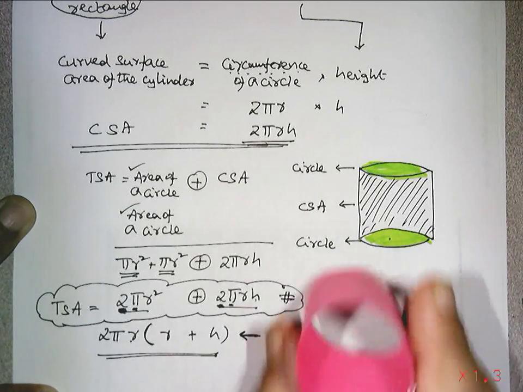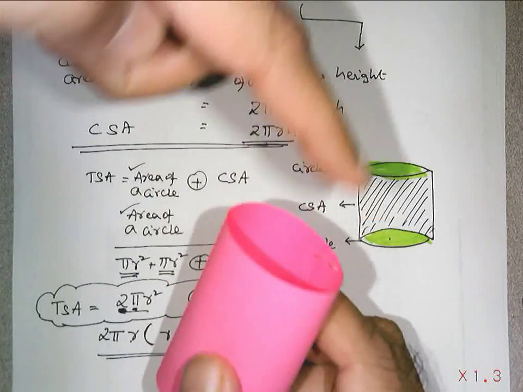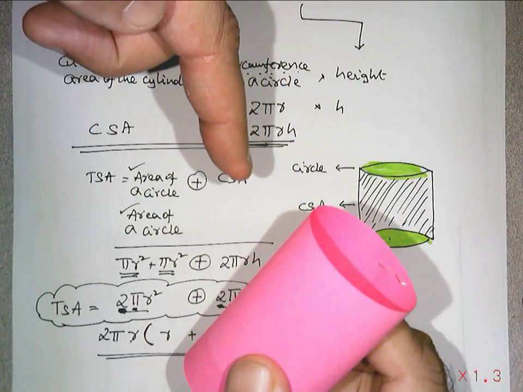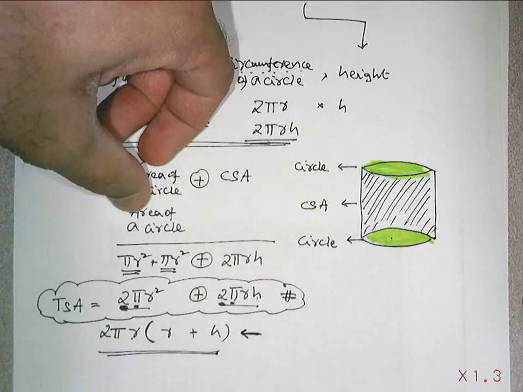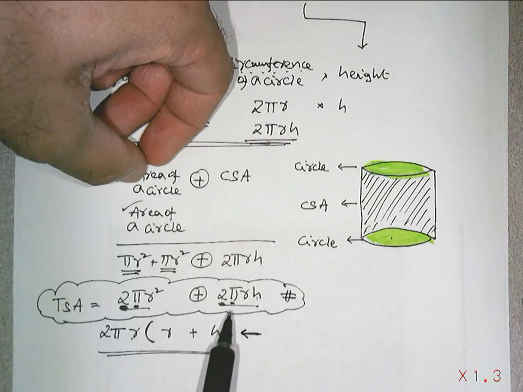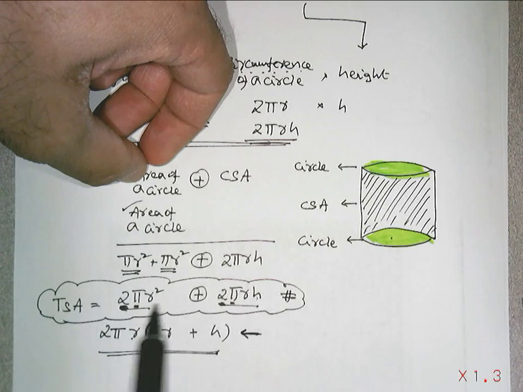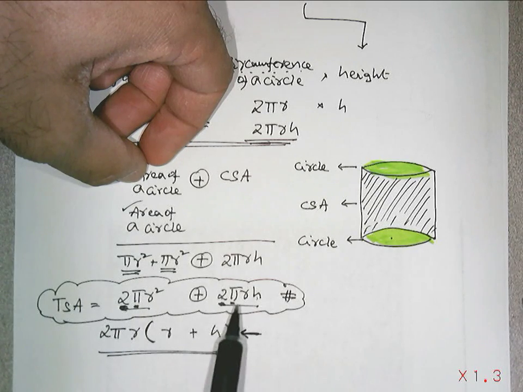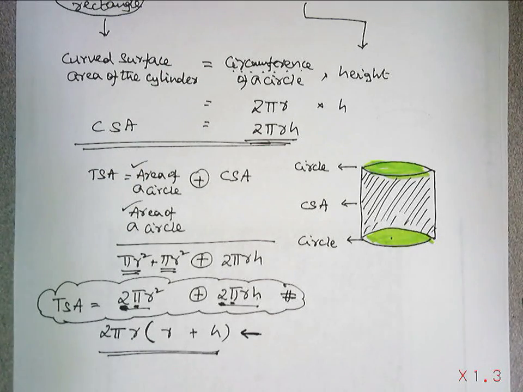When someone asks me the total area of a cylinder, it means CSA, which is 2 pi rh, plus 2 circles, so 2 pi r square. So there is nothing wrong. If you want, you can take this one, or else if you can memorize, you can use this formula. That's it.